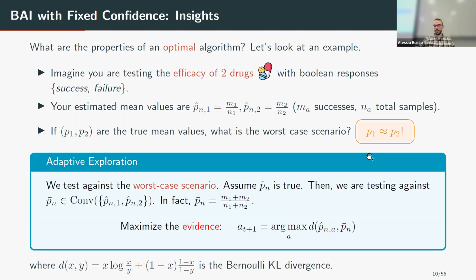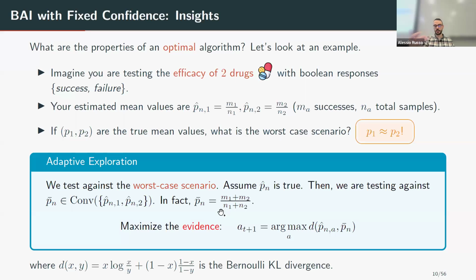If we think that in the worst case scenario, P1 will be equal to P2, it means that the true value must belong to some convex combination of these two empirical averages. In fact, in the first or in the second lecture, when we derived the optimal solution for the optimization problem of the lower bound, we showed that the alternative model has an average value that is equal to this convex combination of the empirical means.